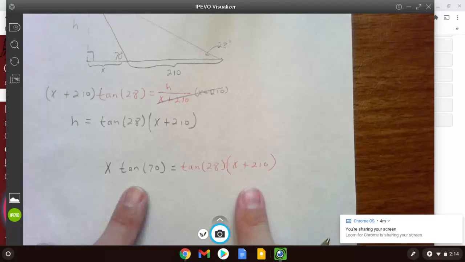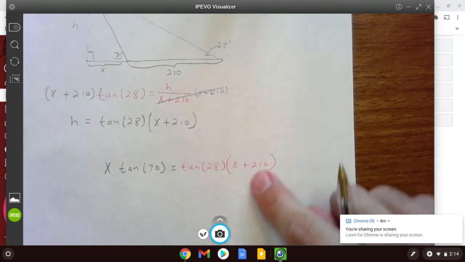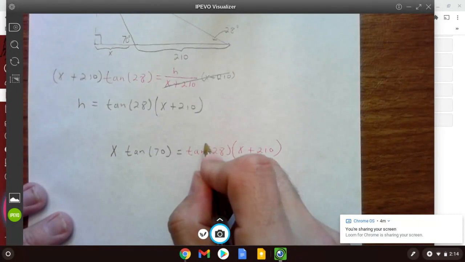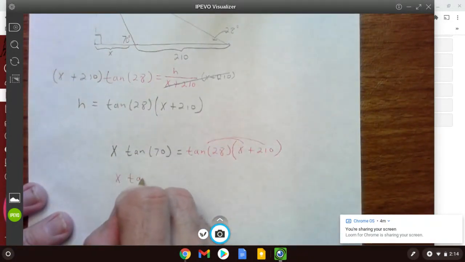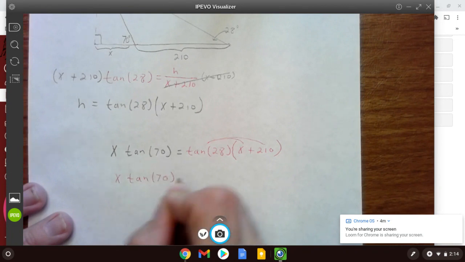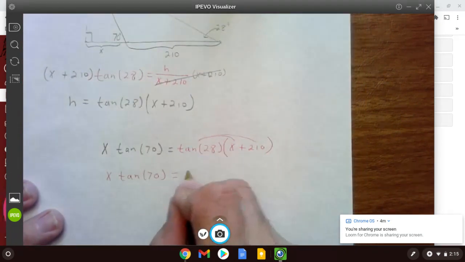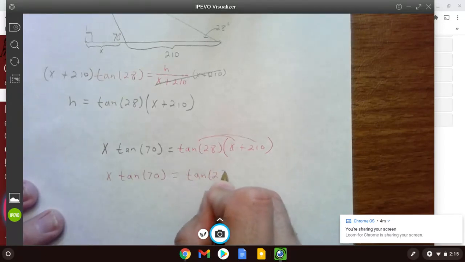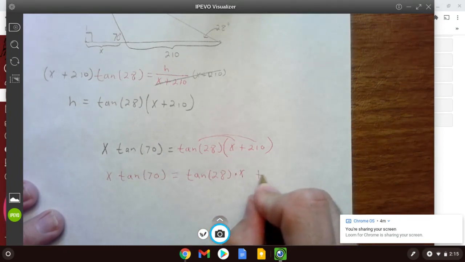So what I'm going to do here is I'm going to go ahead and distribute the tan 28, and then I'm going to move my x's all to one side. So distribute the tan 28. Now you could have made tan 70 and tan 28 into decimals. I really prefer leaving them as the trig function that they are.